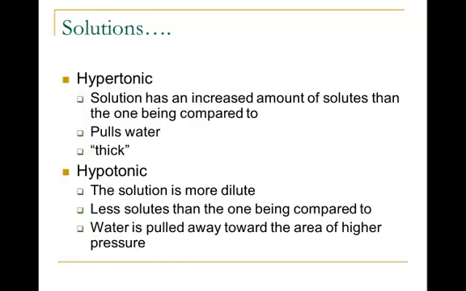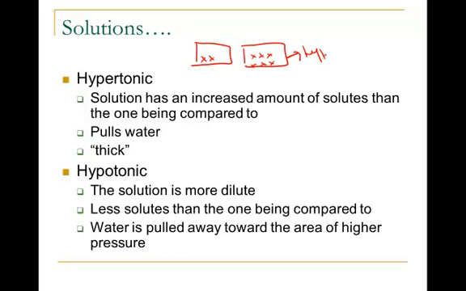As well, if something is hypertonic, it's thick. It has too many particles compared to the one it's being compared to. So it's the Jello without enough water. If I compared two cells, one would have more particles than the other. So this is hyper.